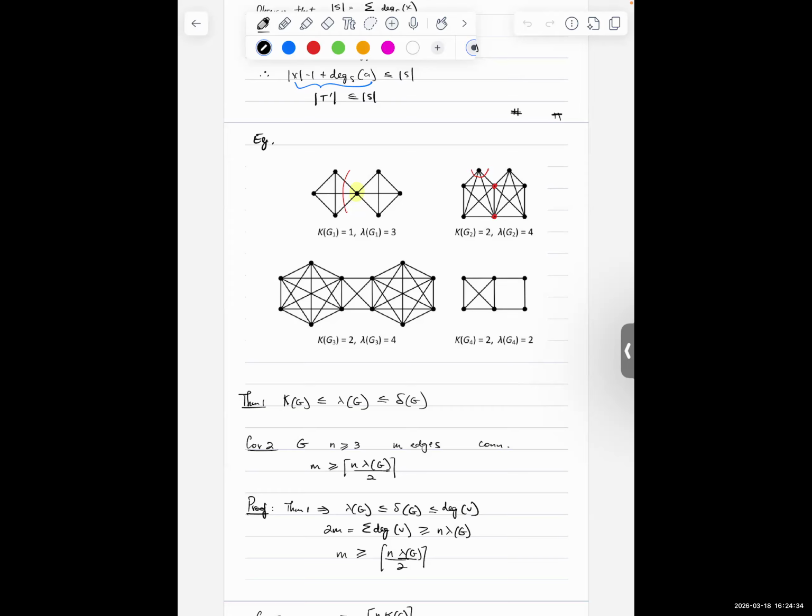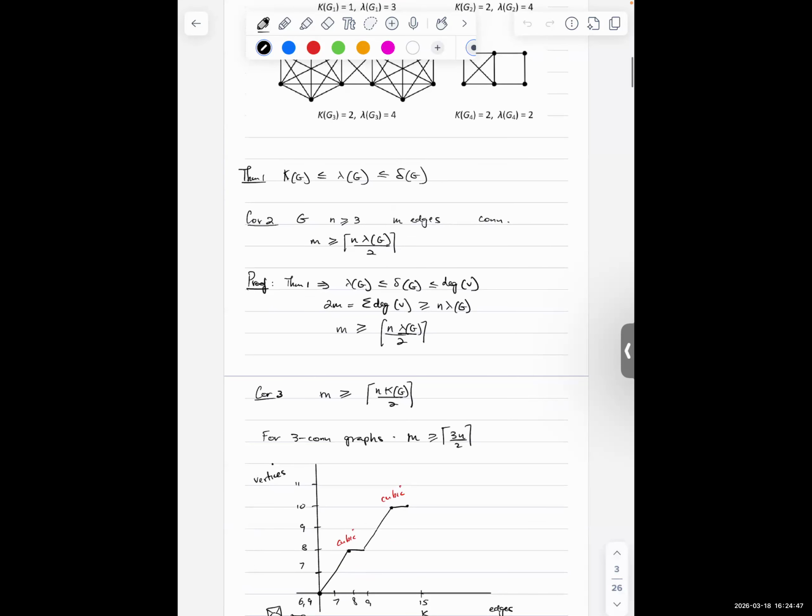And then, as a very nice corollary of that, we got that for three connected graphs. Actually, first, we were able to get a bound on M in terms of lambda, immediately followed by a bound on M in terms of kappa. And for three connected graphs, that becomes M greater than or equal to 3n over 2.